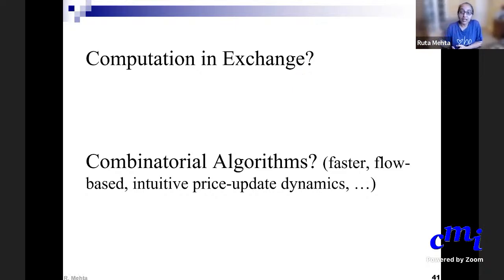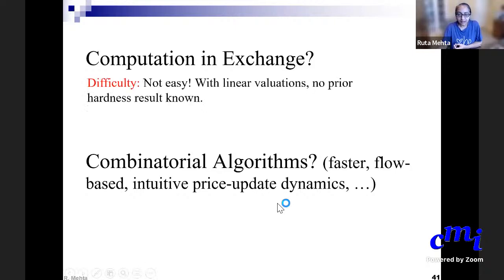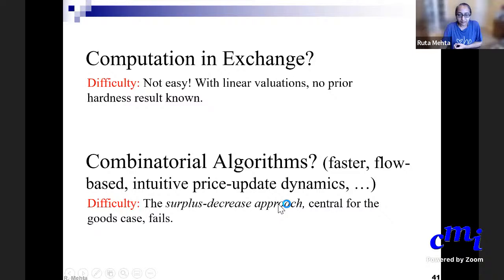But if you don't allow that, so if all the d_ij values are finite, then we don't know what the complexity is. And this time I gave you an approximation algorithm. What about an exact algorithm? What's the complexity? Not clear. And the typical approaches used for the goods case horribly fail for getting exact algorithms.